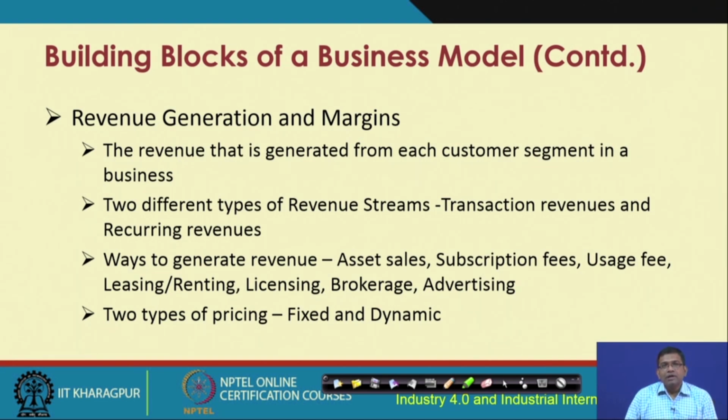We do not need to understand each of these in too much detail. I think this much information will be sufficient for you to understand the more important aspects, like how this information would help in setting up an IoT or rather an IIoT kind of infrastructure and generating revenues in that kind of environment.